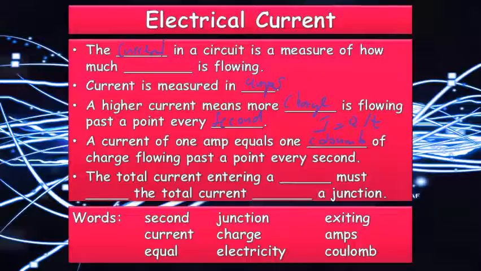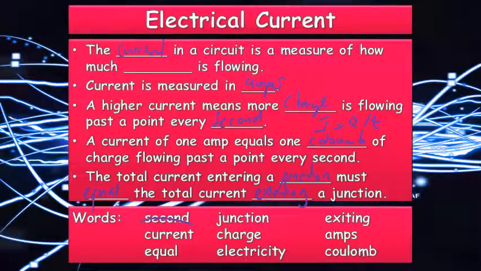The total current entering a junction must equal the total current exiting a junction.